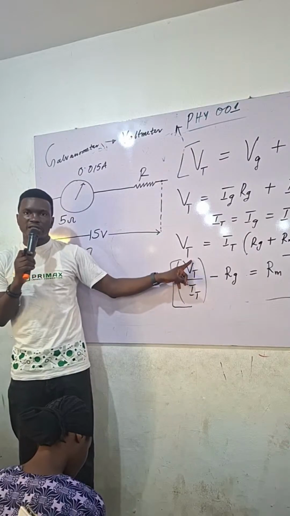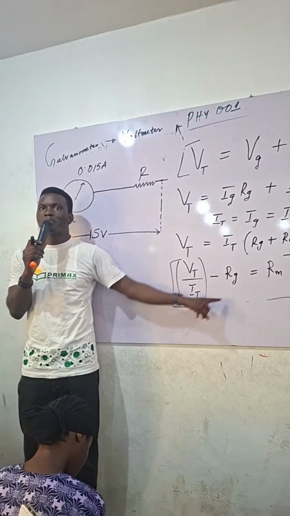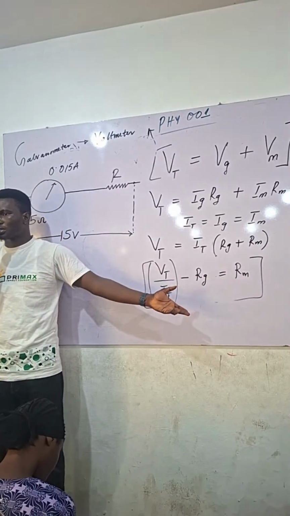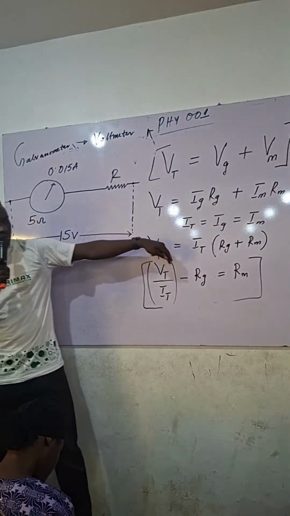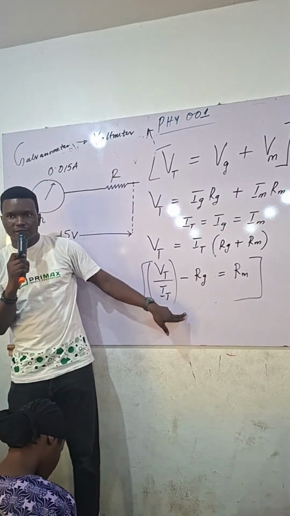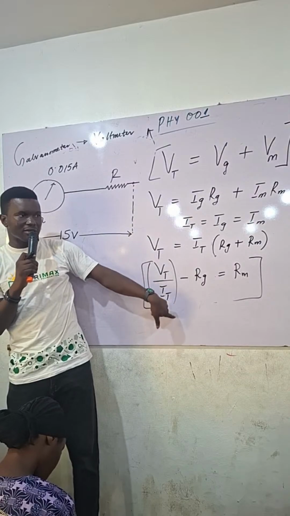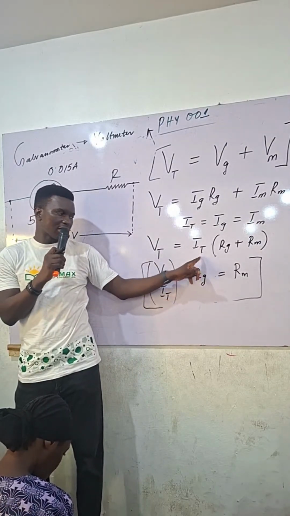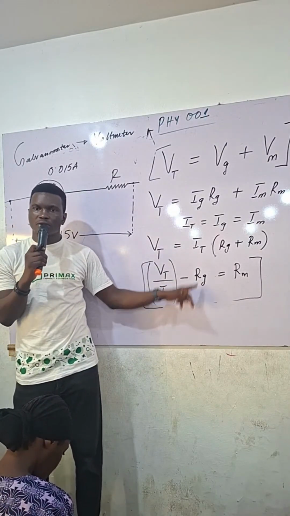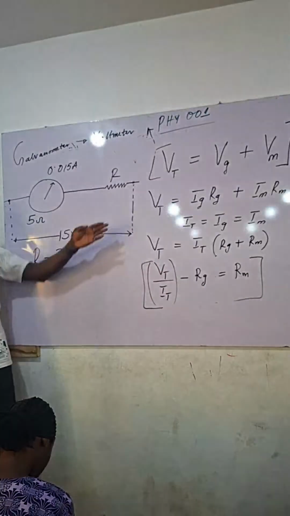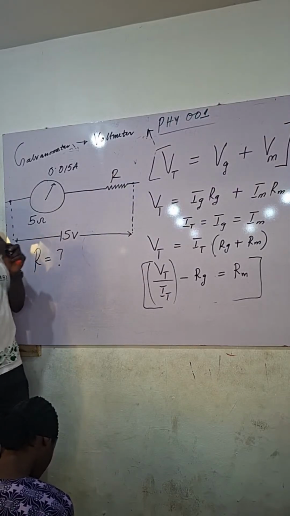It is V_T over I_T minus R_G. That would be wrong if you say V_T minus R_G over I_T. This is V_T over I_T, then minus R_G. That's why I have to put that bracket. Minus R_G is equal to R_M. So they say you should look for R_M. That's this one.